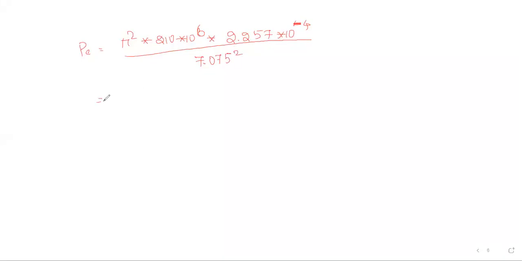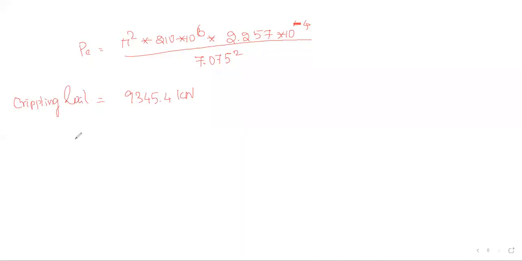So now the PE formula becomes pi squared into this, so I'm getting the value as 9345.4 kilonewton as the Euler's crippling load.